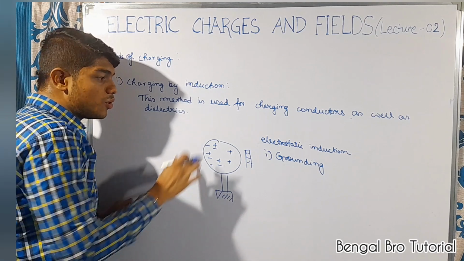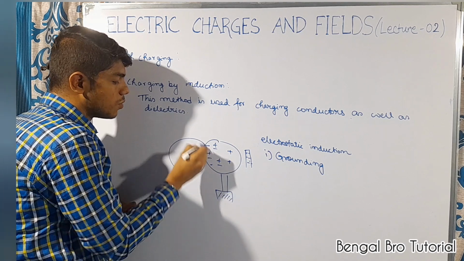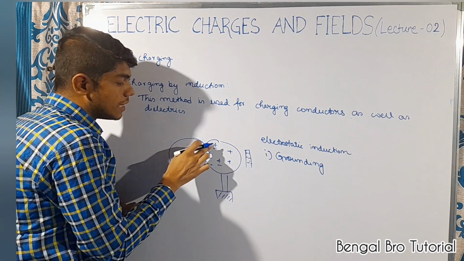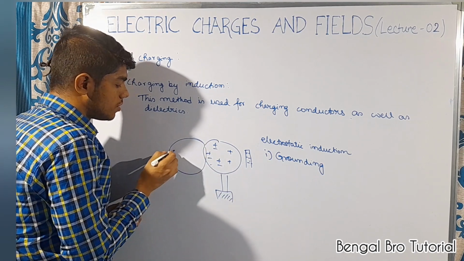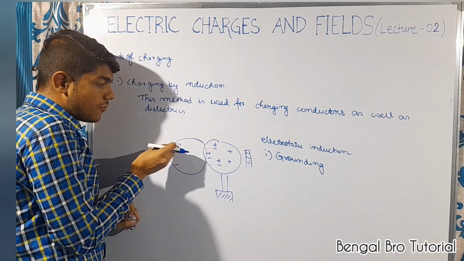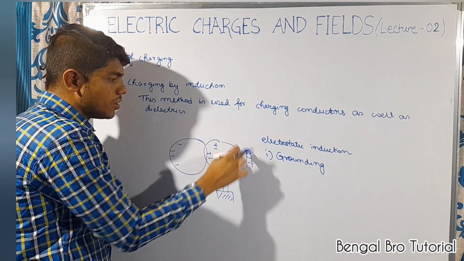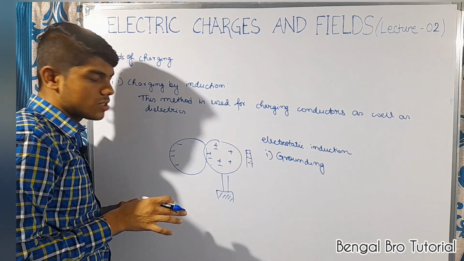Now if you bring another conducting sphere in contact with this body, what will happen? The electrons will be further repelled. Means the electrons from this body will then move to this end, because now this body will act as a total system. Understood?